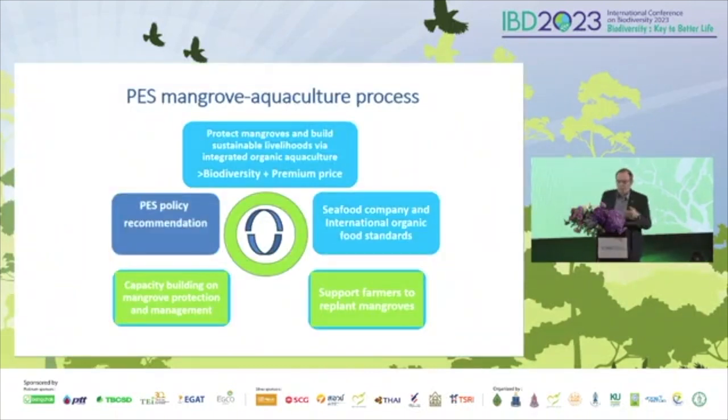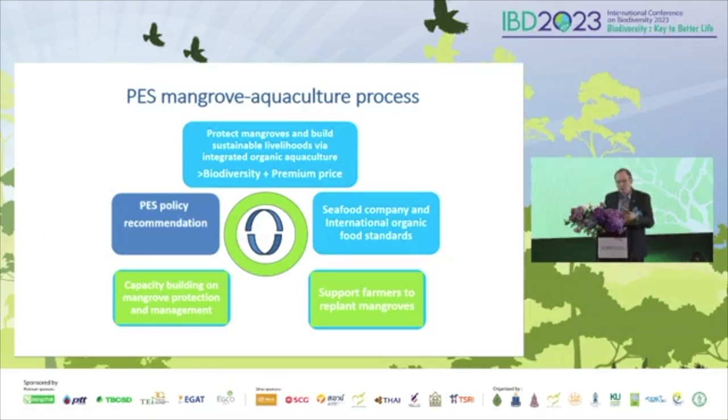So the process that the project undertook, and this was a project jointly managed by IUCN and SNV, SNV is a Dutch development agency, was to try to help the farmers to recover a more sustainable production system based on improving their production techniques to make them more hygienic so that they could qualify to sell their shrimp as organic shrimp.